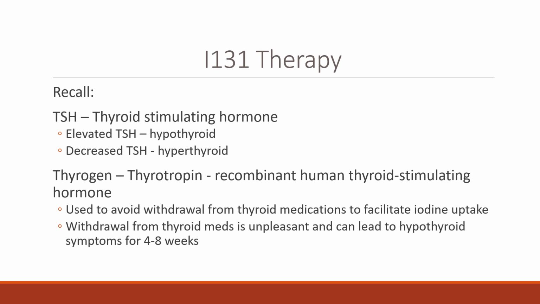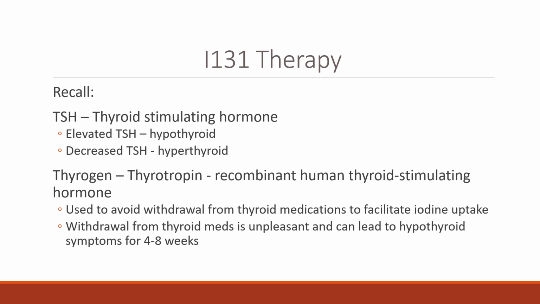When they have hyperthyroidism, that feedback loop is going back to the pituitary gland and telling it that the thyroid is overfunctioning. So the pituitary gland then decreases the TSH to try to understimulate the thyroid, so the thyroid will fall back into normal levels. A lot of times for students when they're learning, the TSH seems opposite of what it should be.